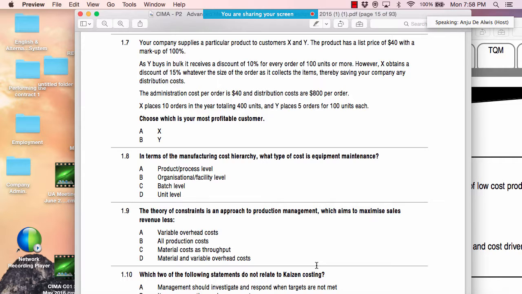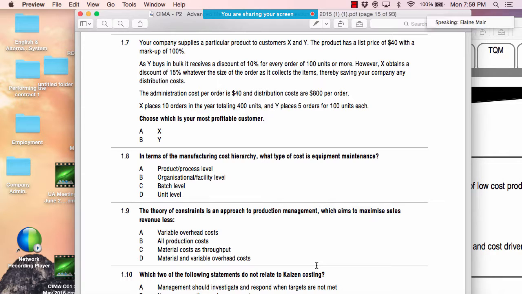So then did you take off the cost of items? I didn't at that point. I worked out the distribution and administration costs per order for X and for Y. Okay, so admin was 200 and transport was 4,000? Yes, yeah.